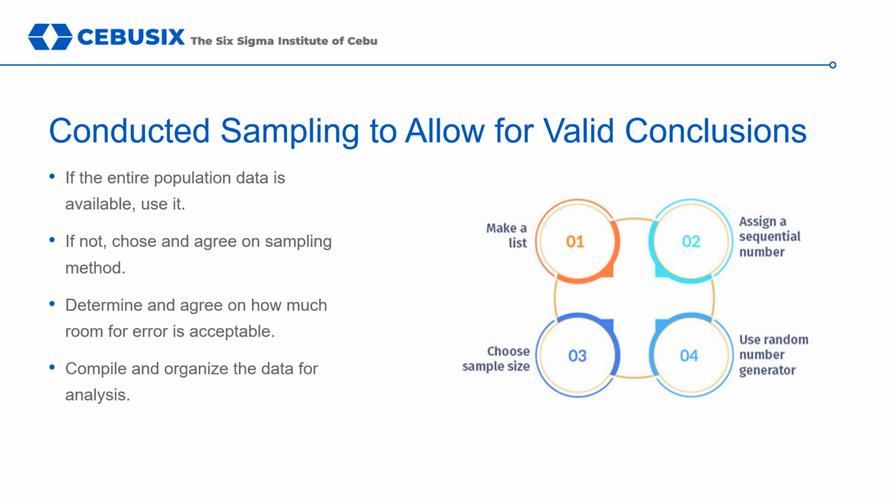But since collecting data from the entire population is expensive and time consuming, we generally need to conduct a sampling. You should have already agreed on a sampling method, determined how much room for error is acceptable, and compiled this data for the analyze phase.